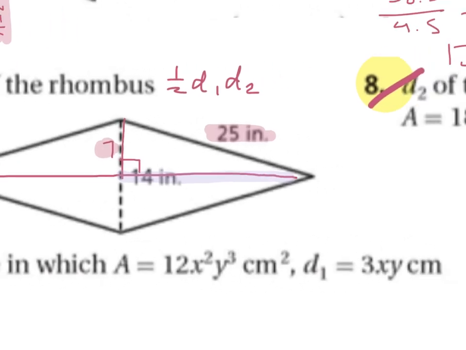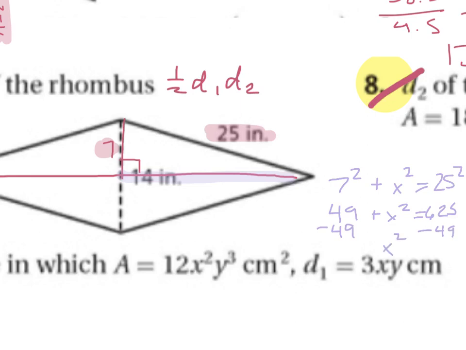So the Pythagorean theorem would be 7 squared plus, we can call the other side x squared is equal to 25 squared. So 7 squared is 49 plus x squared is equal to 625. And then we can just subtract the 49 from both sides.